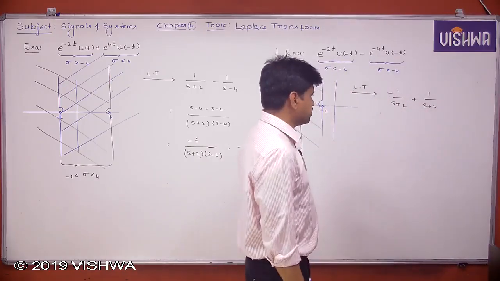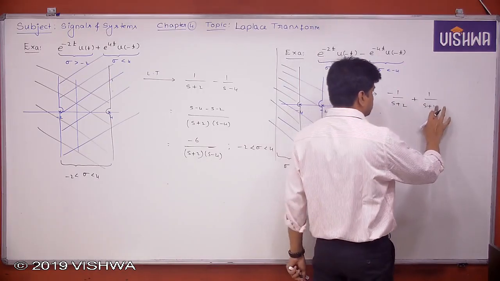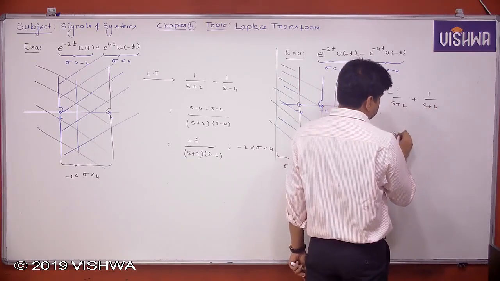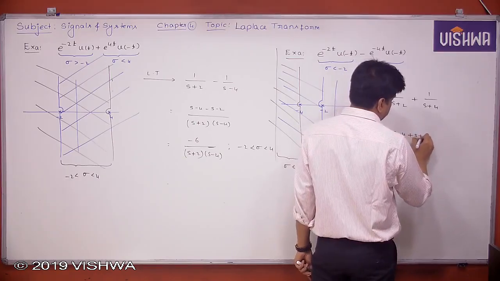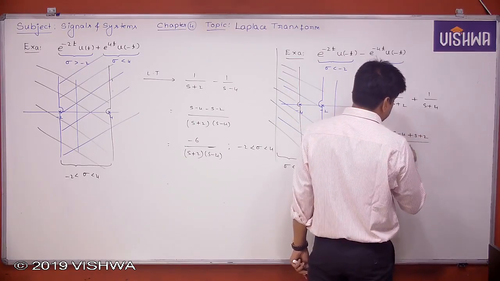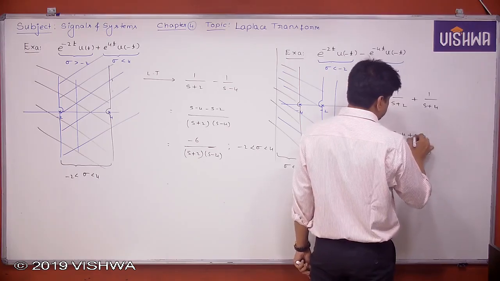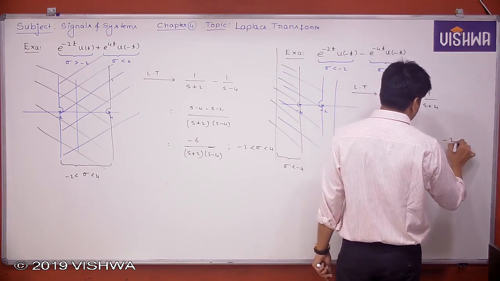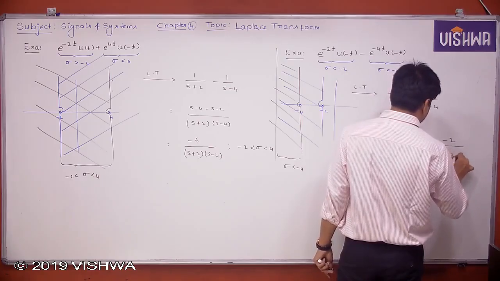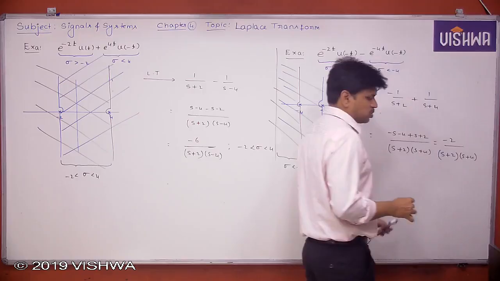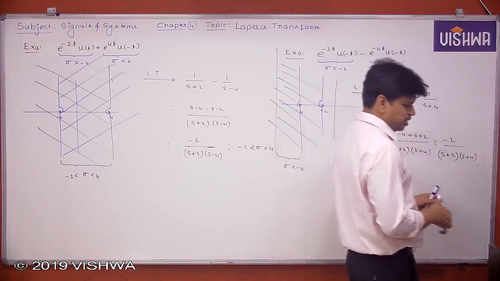Because it is a left-sided signal, I have changed the sign also. So minus s minus 4 plus s plus 2 over s plus 2 into s plus 4. S gets cancelled, minus 2 by s plus 2 into s plus 4. So that's what we are going to get. Clear? Take it.